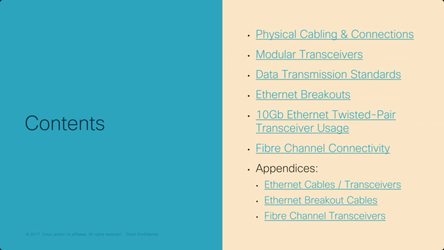We'll talk a little bit about the capability of doing Ethernet breakouts for 10 gig, 25 gig, and 100 gig. Then we'll talk about the 10 gig Ethernet twisted pair small form factor pluggable transceiver that we have. And then we'll touch briefly on Fibre Channel connectivity and some of the different transceivers available for that. Like I said, the appendices are for reference if you're looking up part numbers for a particular transceiver, how that works, and what its capabilities are.